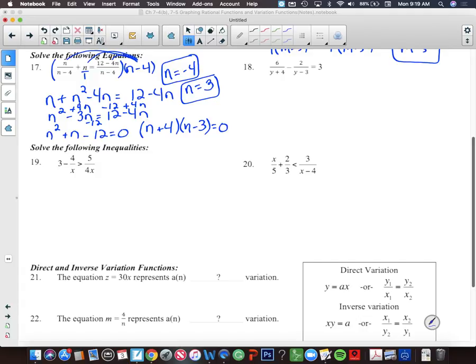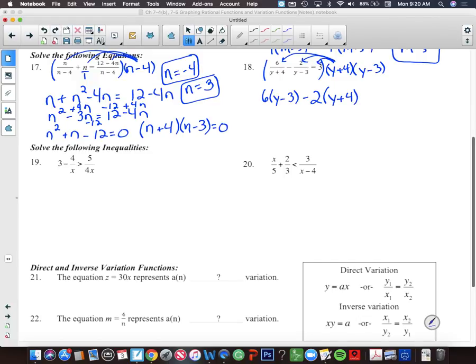So, second one over here, we're going to multiply everything by a y plus 4 and a y minus 3. That's your common denominator. So if we take it to the 6, the y plus 4 cancels, we'll have 6 times y minus 3. If we take it to the 2, remember that's a negative 2, it's subtraction. The y minus 3 cancels, we have 2 times y plus 4.